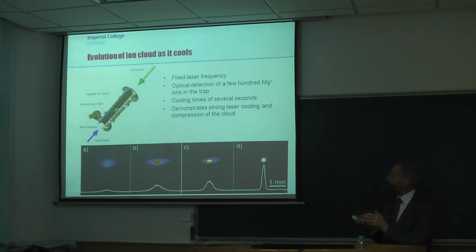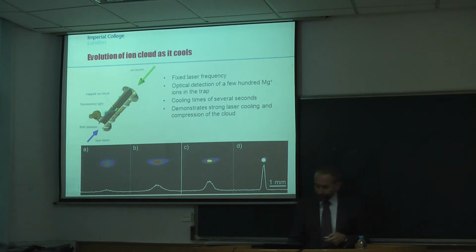And then as the ions get colder and more are brought in, you get a more intense cloud and much sharper fluorescence. So here you end up with a cold and dense cloud, very well defined with a sharp edge here. And as I say, you expect this to be at a few millikelvin temperature.